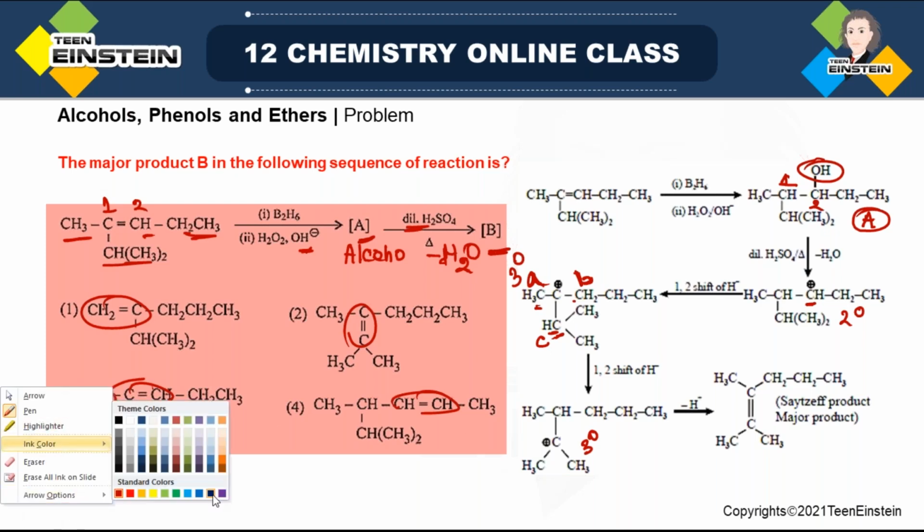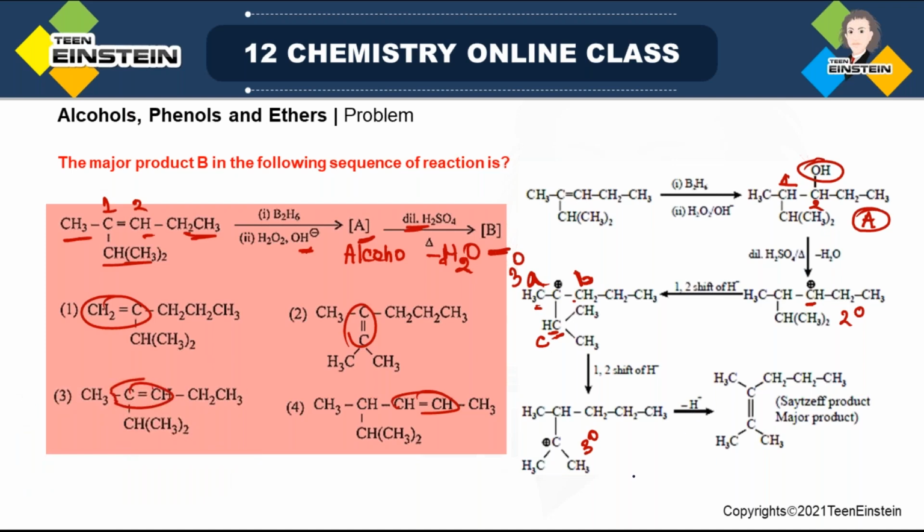After this hydride shift, next there will be removal of H plus. Now in this carbocation, you can remove H plus from this 2-methyl, but in that case the C=C double bond will be terminal, and that type of structure is not stable. So you have to remove this H plus, and that is why the C=C double bond forms at this position.